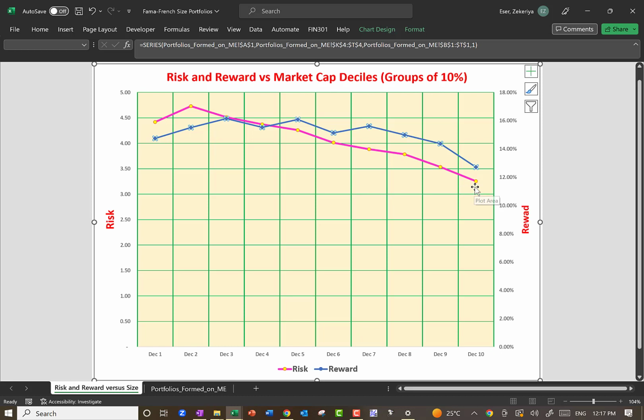But at least, as a general rule, largest 10% of stocks are least risky and they have the least reward compared to small stocks. So you can still buy smallest 20% and do better than the largest 20%.